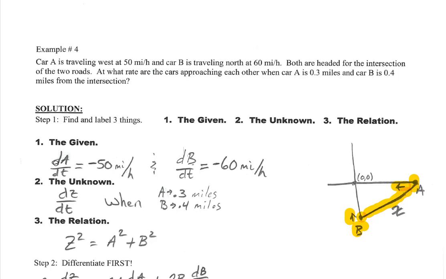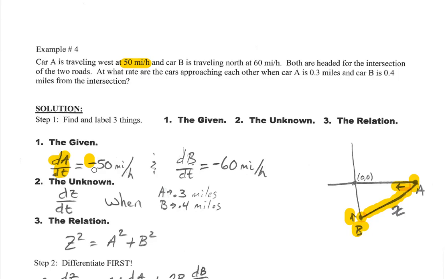The given then is the derivative with respect to time of car A is equal to, now notice I've written negative 50 miles an hour. 50 miles an hour is given to us, but I've written this negative 50 miles an hour.